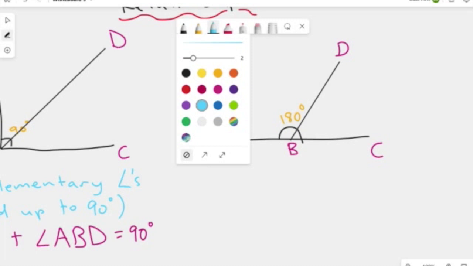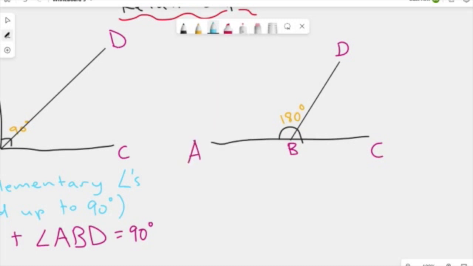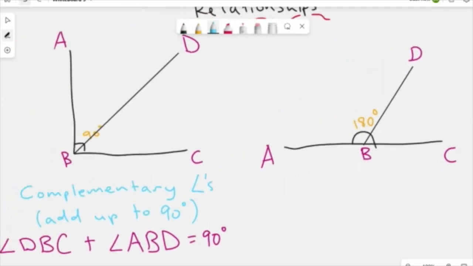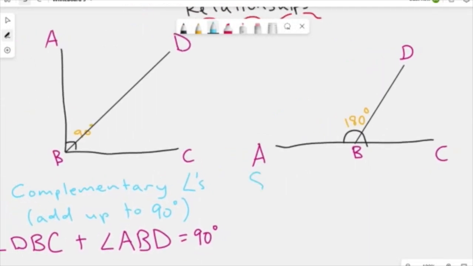These particular angles, so we've observed the same thing happening, no matter how many angles we add, we're always going to get all of these adding up to 180 degrees because they make up this space from here to here. So let me clear some of this. And we're going to define these now as, we call these supplementary angles.